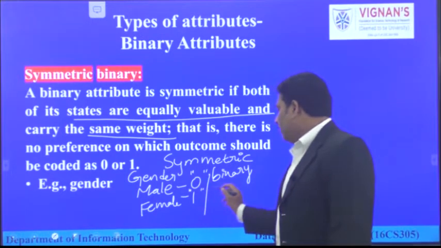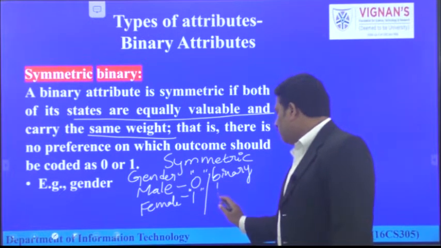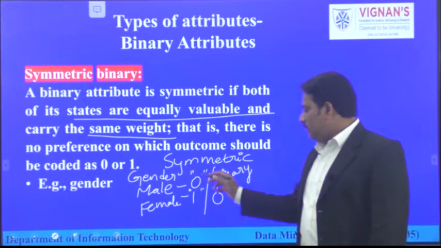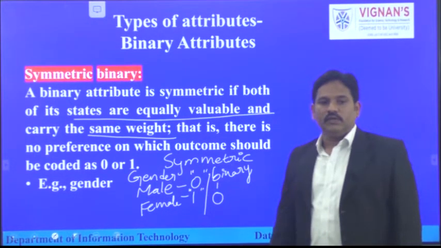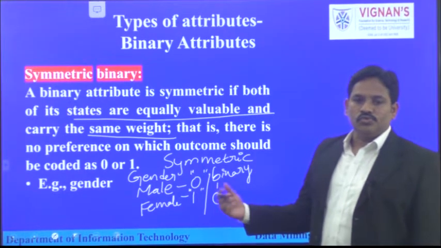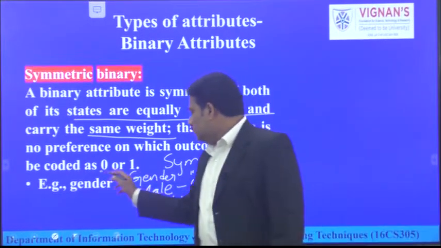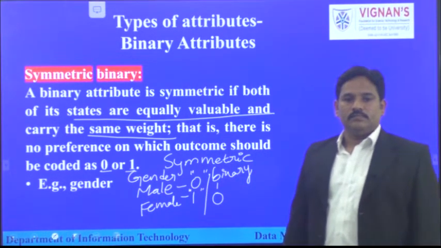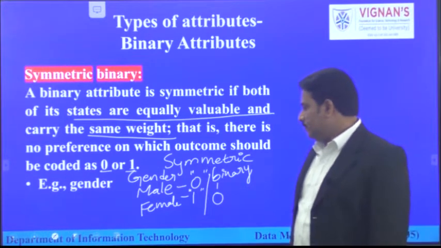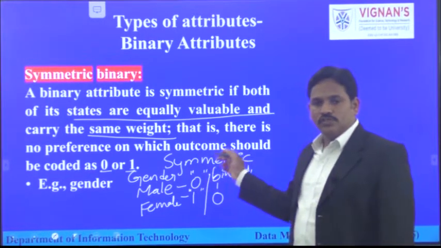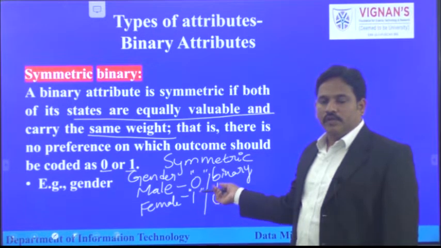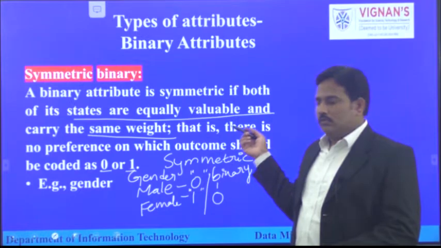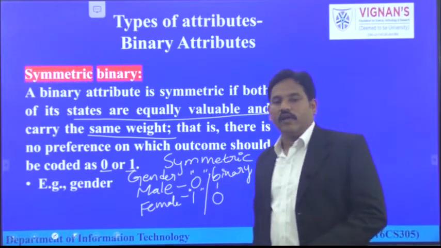Here the male value can be represented as 1, and the female value can be represented by 0. That means both values have equal priority and we can choose either 0 or 1. Such a type of attribute we can call a symmetric binary. So for male we can use either 0 or 1, for female we can use 1 or 0. There is no specific value mentioned for that attribute value.